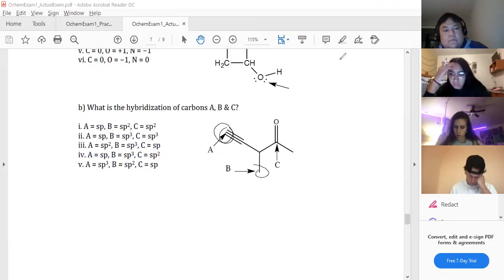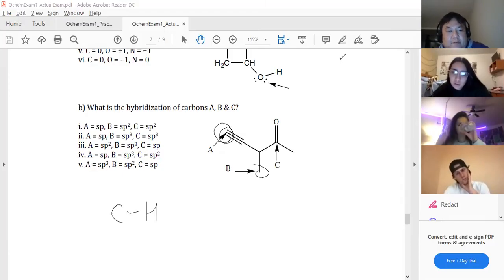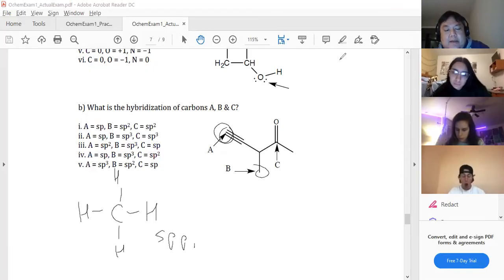I thought that would be sp3. That is sp3, because there are 4 electron groups. It's attached to 4 different things, right? So I need an s, a p, a p, and a p. I need one of those orbitals for each thing. So this is sp3.